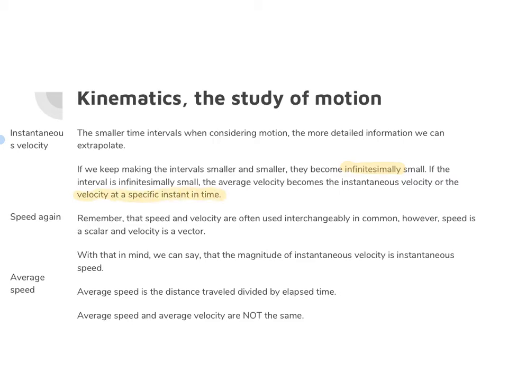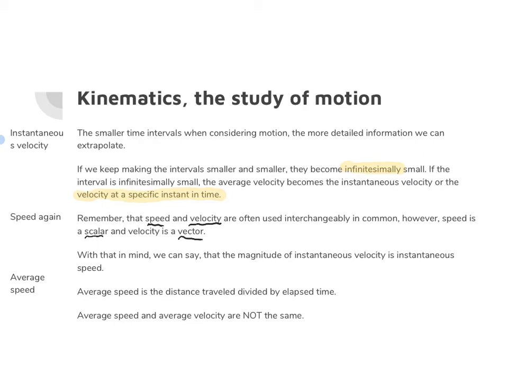Speed again. Remember that speed and velocity are often used interchangeably in common speech, and this is a mistake when we're talking about speed and velocity for physics. Speed, as we have established, is a scalar, and velocity is a vector quantity.